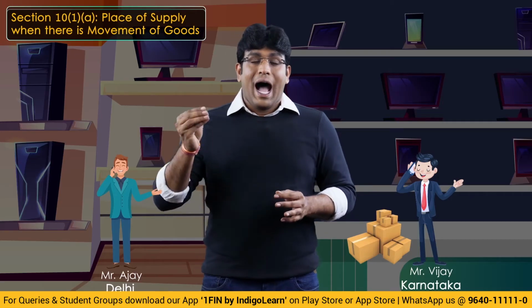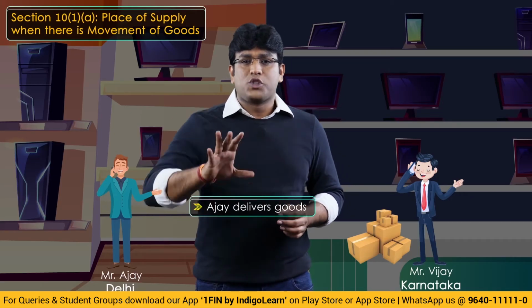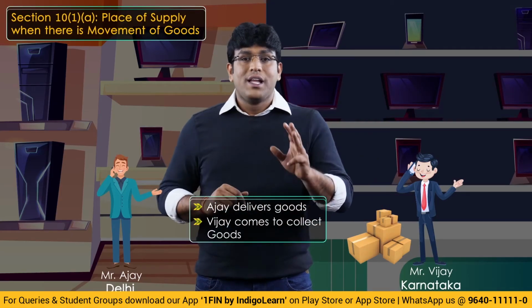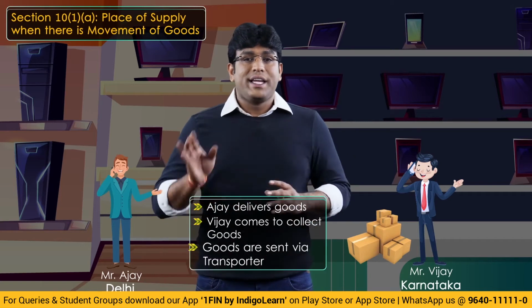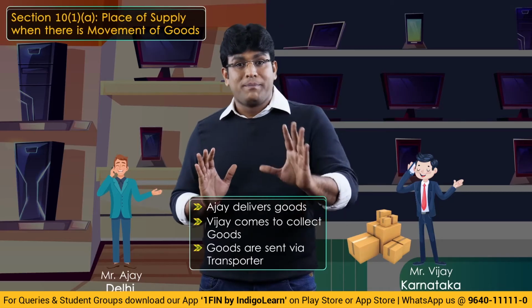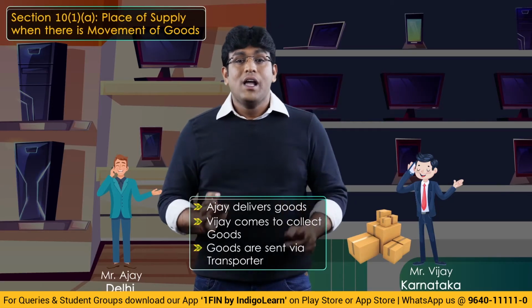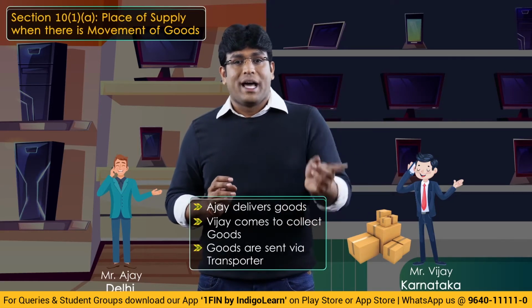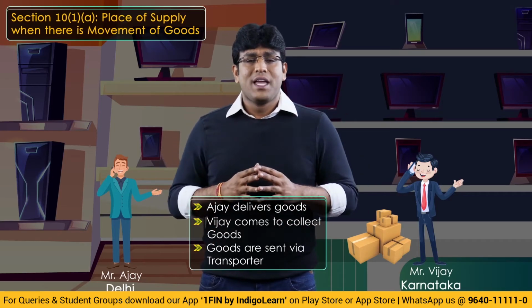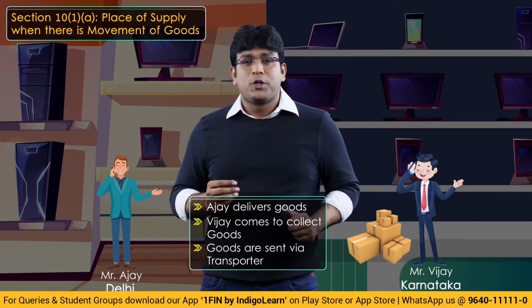Number 1, Ajay himself sends the goods to Vijay. Second, Vijay comes to the place of Ajay and takes the goods. Third, Ajay sends the goods to Vijay through a transporter. So the movement of goods can be done by the supplier, by the recipient, or by a third person, who is nothing but a transporter.